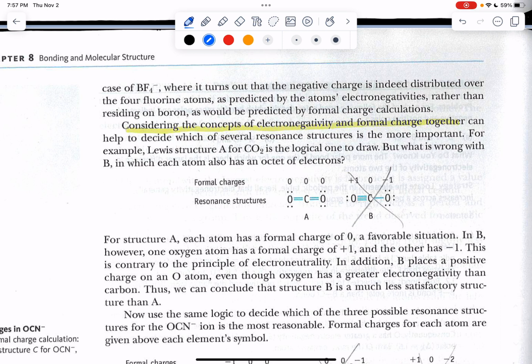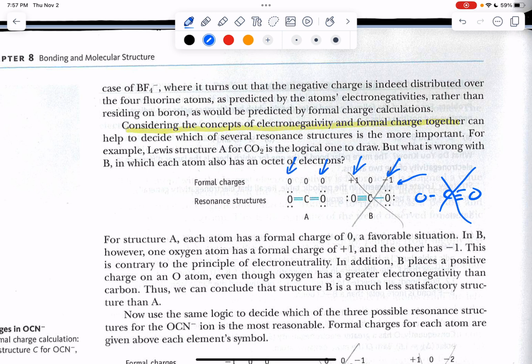Now, if we have some resonance structures, this approach also helps us to decide which resonance structure makes the most sense. If we look at two possible resonance structures for carbon dioxide, and of course we could make a third one like this to be similar to the one right there, the reason we would not choose either of these is because if you look at the formal charges, you get a +1 and you get a -1, whereas over here, all your formal charges are 0.